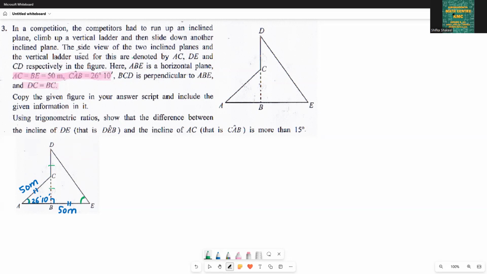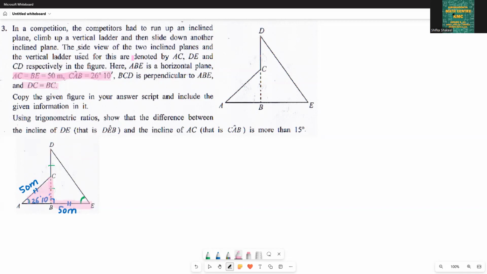We have to calculate DEB. In order to calculate an angle in trigonometry, we need a minimum of two sides. Here only one side is marked, only this side is given. So we first need to find another side of this triangle.